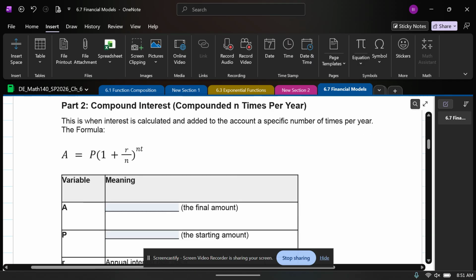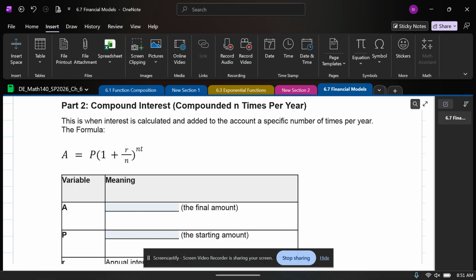All right, so here is our compound interest formula. A equals P parentheses 1 plus r over n, and then that parentheses is raised to the nt power. Okay, the A is the account worth. So that's how much the account is worth after a given amount of time. The P is the principal.